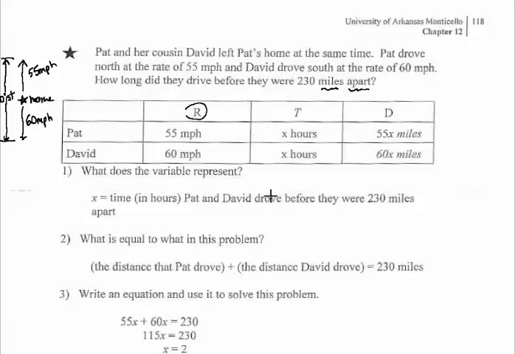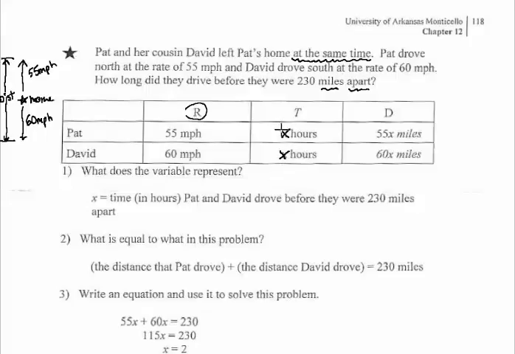But if they left at the same time and we stop them after a certain point, then they will have traveled the same amount of time. Now, this is supposed to be assumed once you read this phrase right up here in the word problem. If they left at the same time, then their times are typically going to be equal.